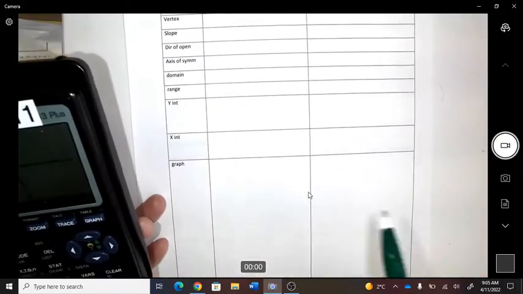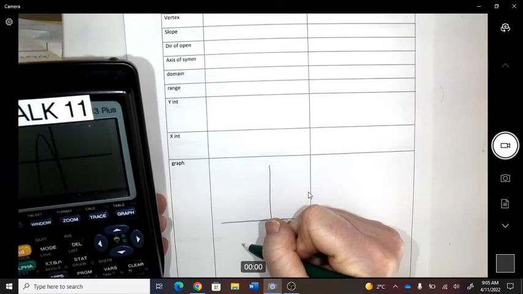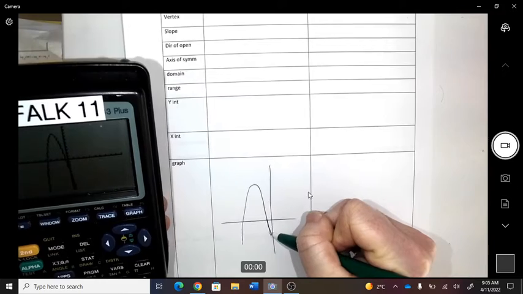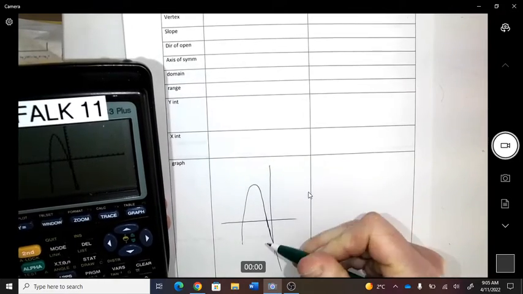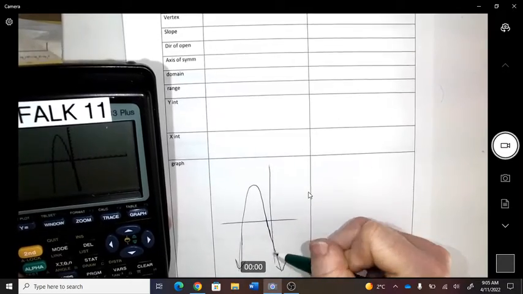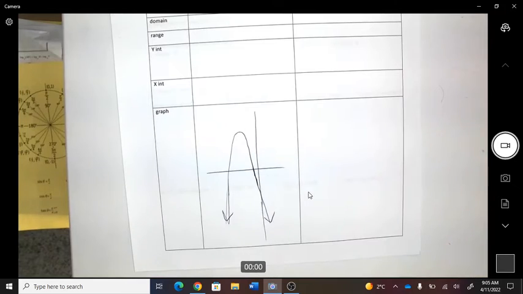So under my graph here, that's what I see.